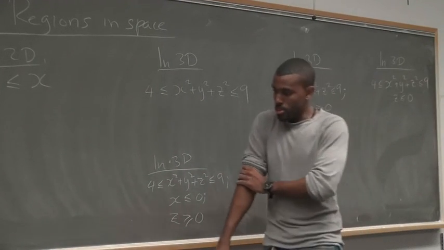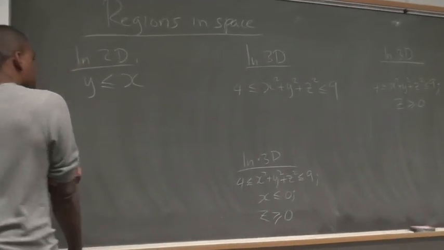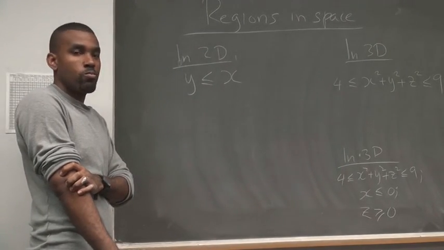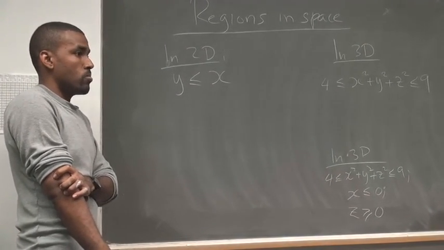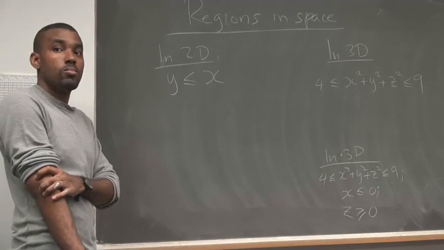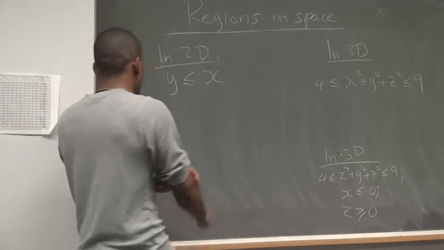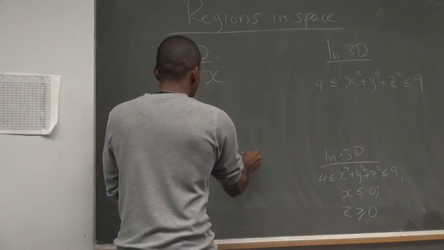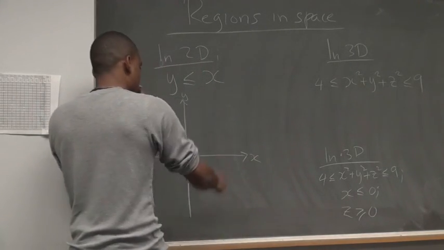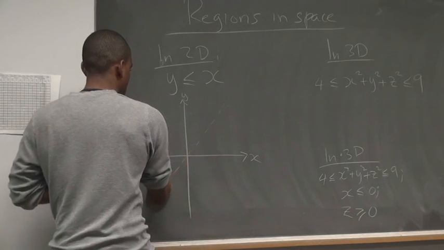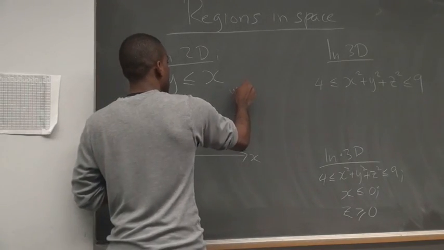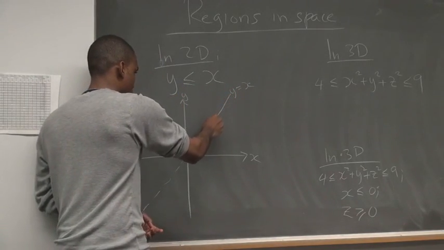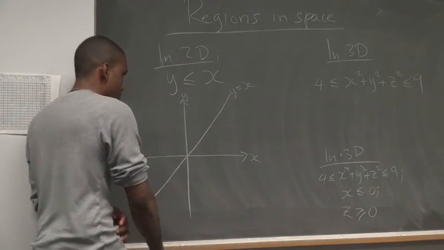Okay, describe these regions to me. What would y less than or equal to x look like? So basically you pretend that less than or equal to was equal to, and you know what the graph would look like. This is where y is equal to x. Since we can be equal, we include the line. If we couldn't be equal, we would not include the line.